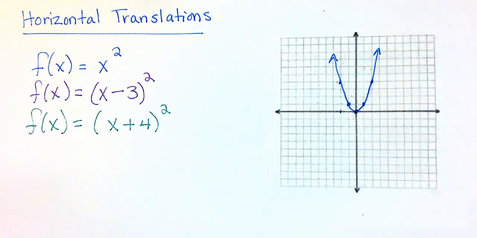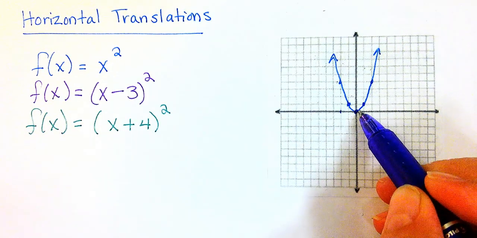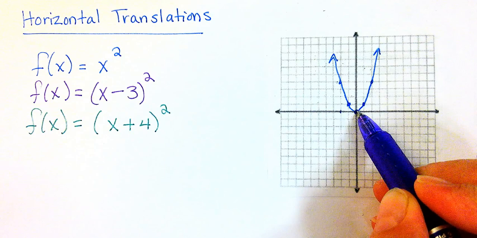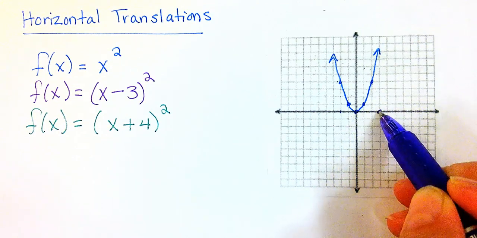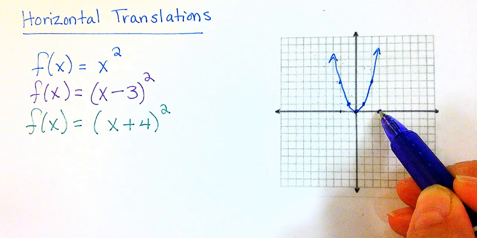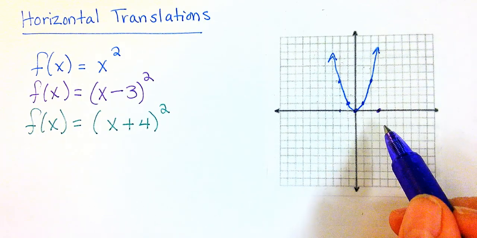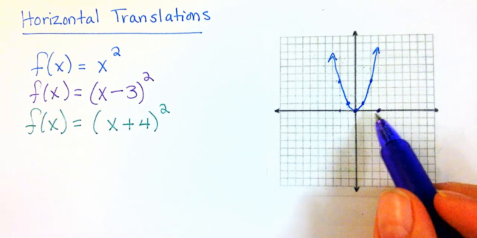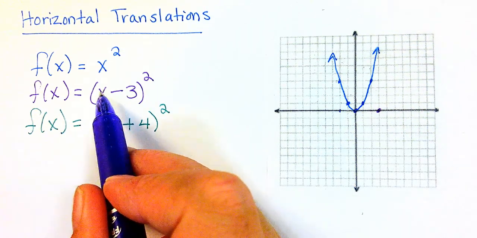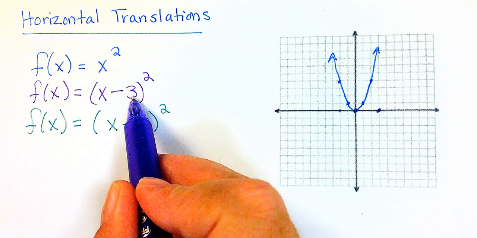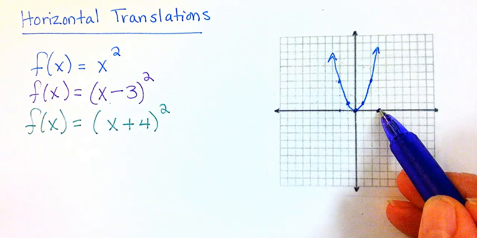So let me give you an example. If I was to move this 0, 0 to the right 3, 1, 2, 3, I now have the point 3, 0. Let's try and see if that actually ends up working out, okay? So if we have an x value of 3 and we plug this in, 3 minus 3 is 0 and 0 squared gives me 0.